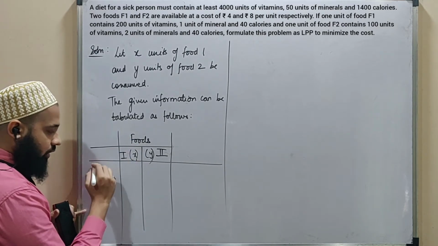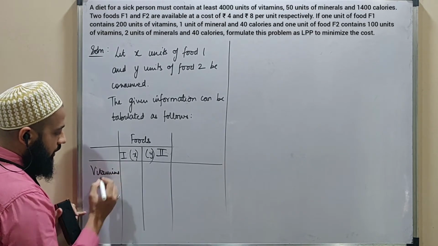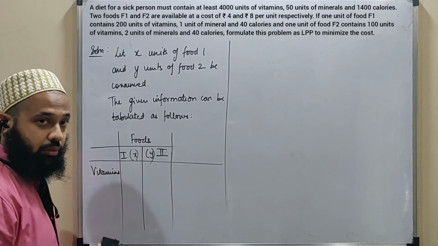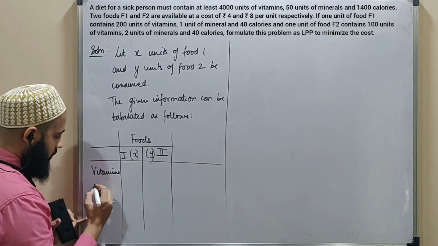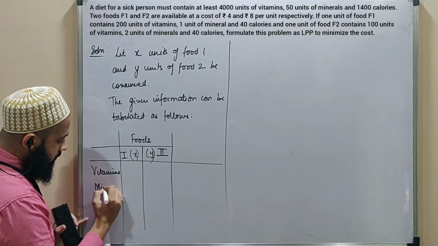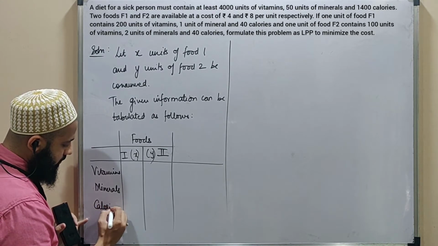So that's what is going to come here. So that's vitamins, because they are your constraints. Doctor has advised for this person to take at least 4000 units of vitamins, right? So they are the constraints. 4000 units of vitamins, 50 units of minerals and 1400 calories.